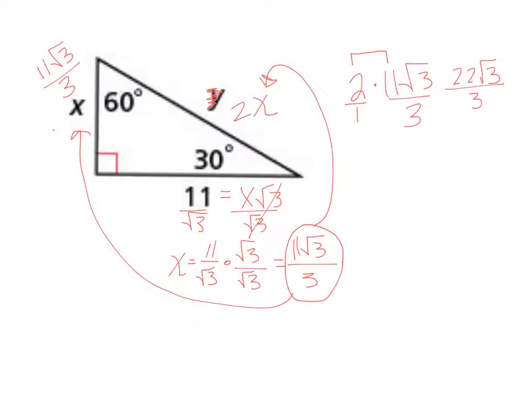And I'm just double checking to see if that 22 over 3 right here can be simplified. I ignore that radical, see if I can simplify, but I can't, so I know that the y, the hypotenuse, came out to be 22 radical 3 over 3. So this was x, and this one is y, the hypotenuse, in this case.